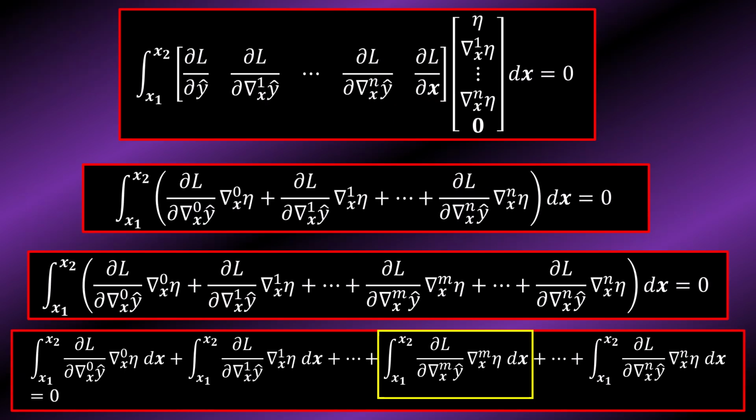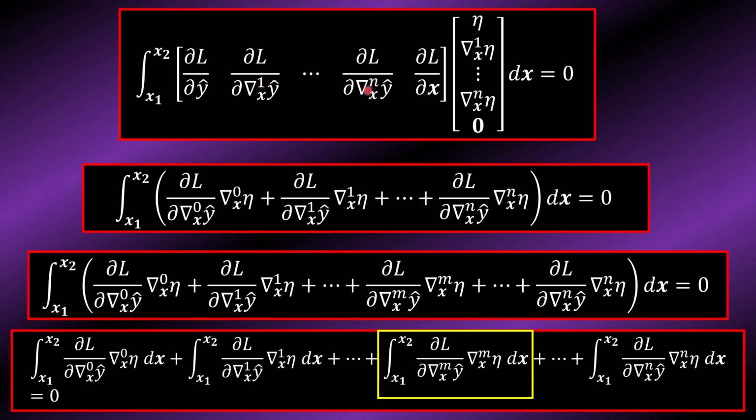One thing I forgot to mention on the previous slide is that I'll be using these gradient operators. This just means that you're taking the Jacobian derivative with respect to x of y hat, and the superscript represents the degree of these derivatives. So in this case it's 1.